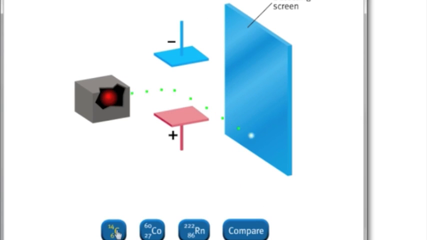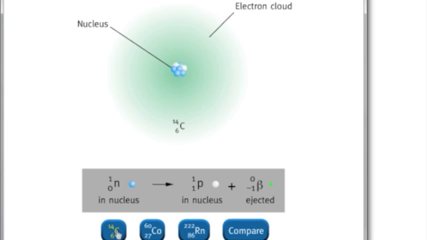Carbon-14 spontaneously emits beta particles from its nuclei. Since beta particles are attracted to the positive plate of an applied electric field, they must be negatively charged. In fact, beta particles are electrons that are formed and then emitted from the nuclei of certain radioactive isotopes. In the decay process, a neutron is converted to a proton and a beta particle.